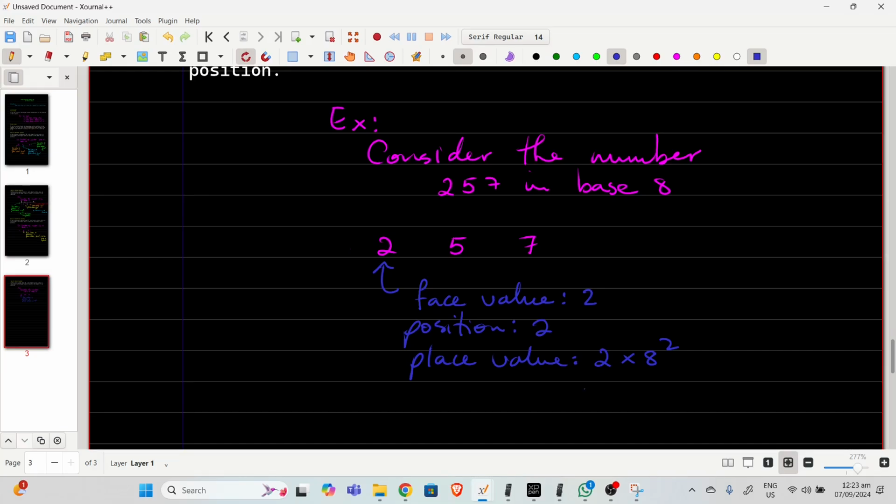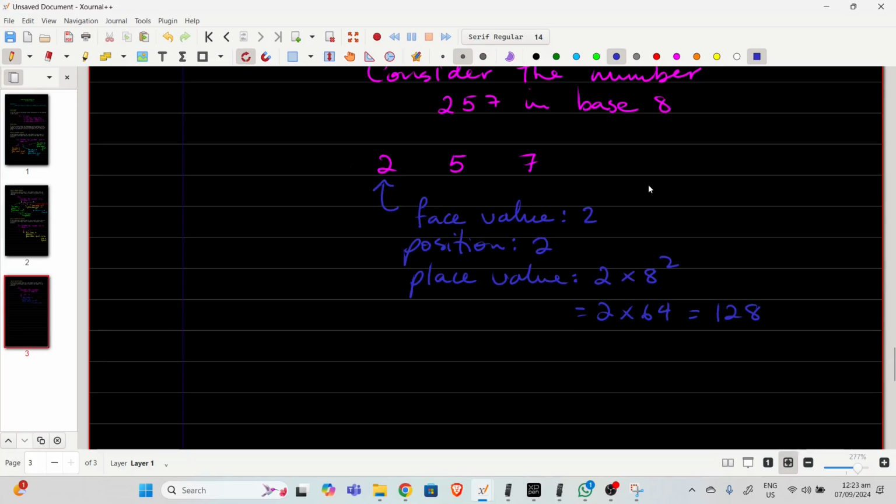So we have 8 times 8 is 64. We're going to get 2 times 64, and 2 times 64 is 128. So that 2 there holds the value of 128 in the base 10 number system.